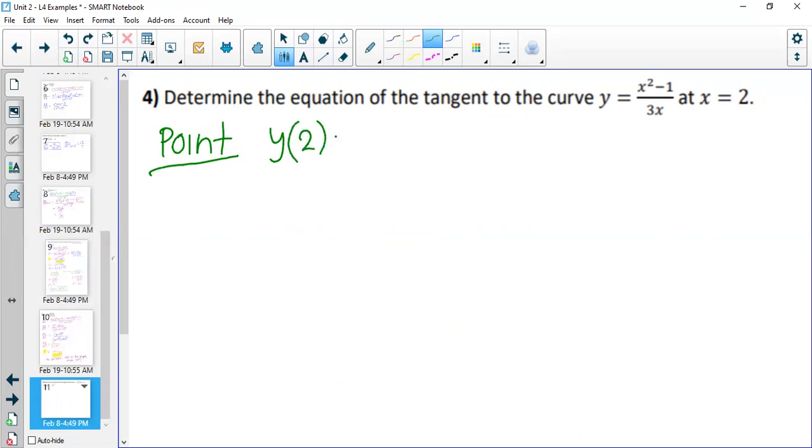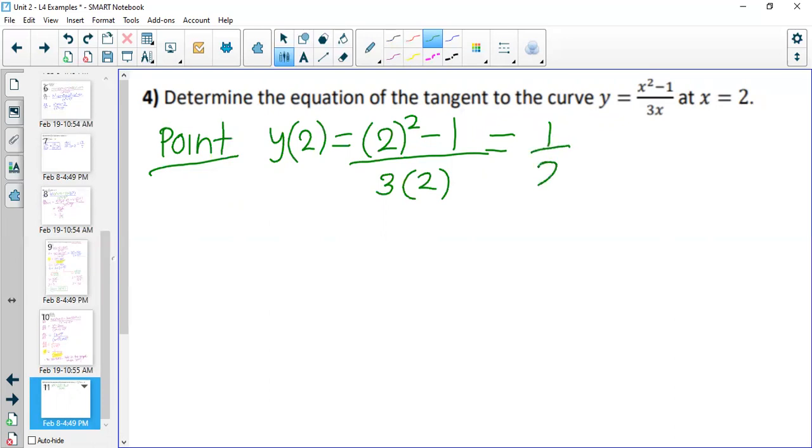So plugging in 2 into my original function, 2 squared minus 1 over 3 times 2 gives me a value of 1/2. So my point is going to be when x is equal to 2, y is equal to 1/2.